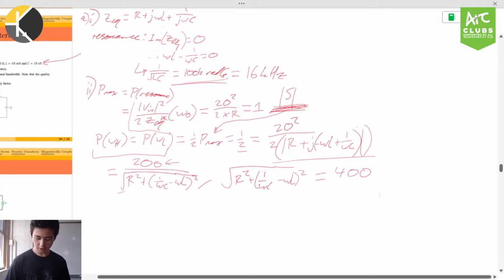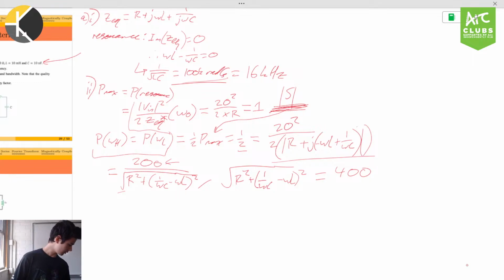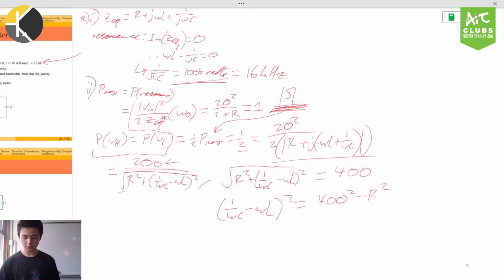All right, and now with that in mind, we can square and then rearrange. Let me just double check. Yep, okay. So square, rearrange, we end up with (1 on omega C minus omega L) all squared equals 400 squared minus R squared.